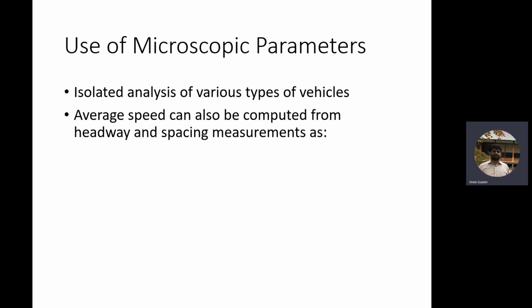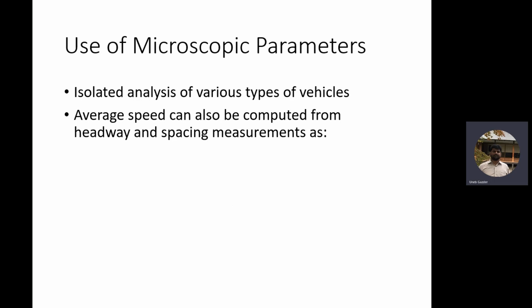If I give you headway, you can calculate flow rate. So with microscopic parameters, you can calculate the other side. Maybe you are not interested in microscopic parameters. You want macroscopic, but the values you have are microscopic. You don't have that much time to get the volume and the density and so on. You can just take some spacing and headway values and you can calculate the other parameters. Okay, this is one use.